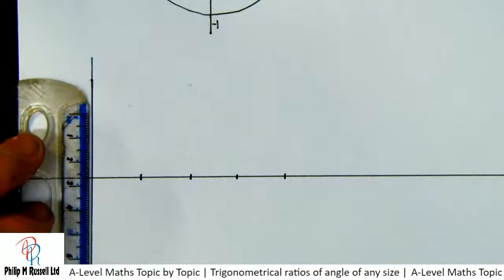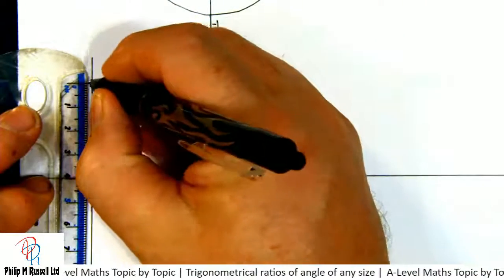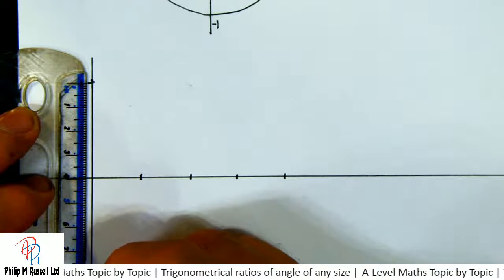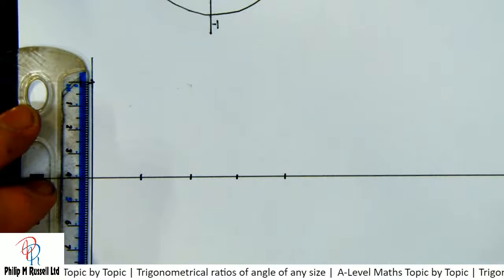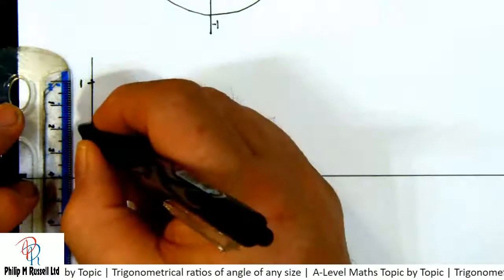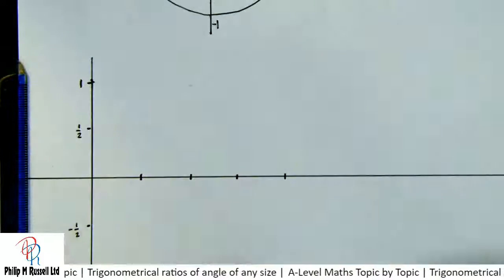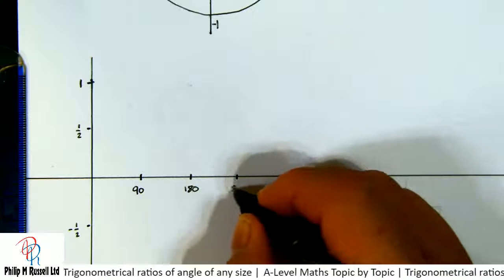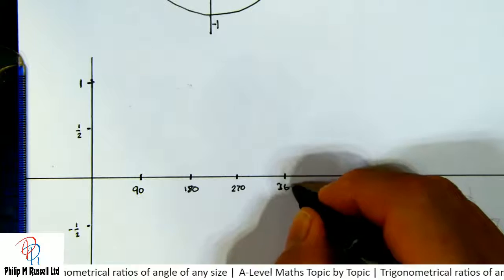And what I'm going to do is set up this point to be 1, and this point here to be -1. And I can set a couple of values here, just to make life a little bit easier. This is a half, and that's -1/2. So we've got 90 degrees, 180 degrees, 270 and 360.